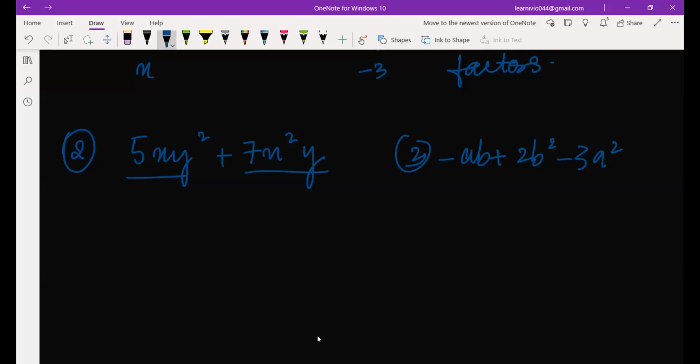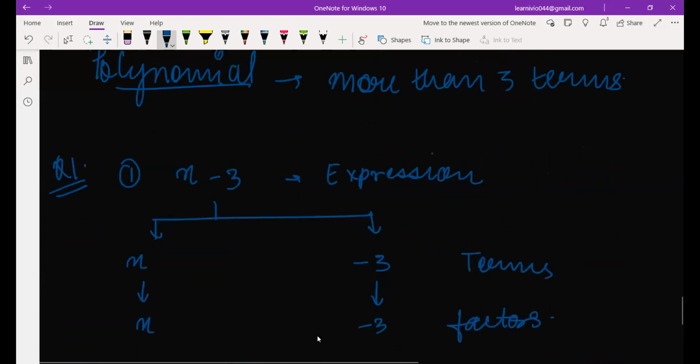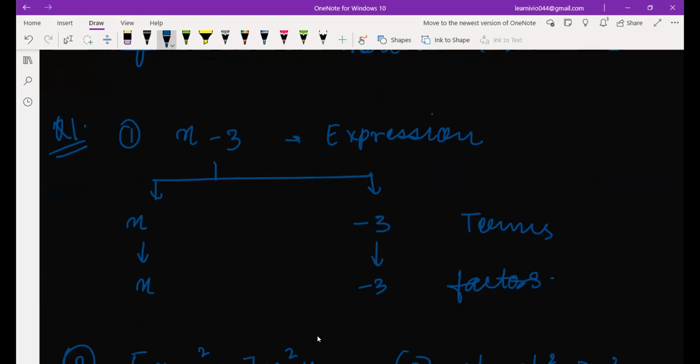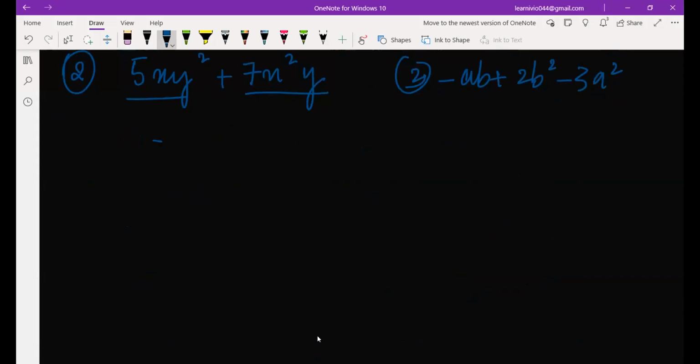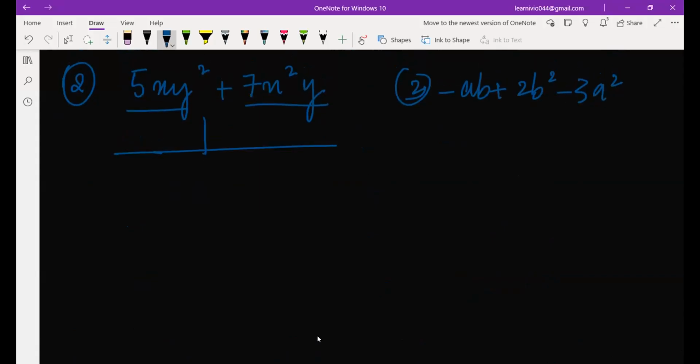What do you not understand? Explain your question, Razan. Like how to do it? Okay, do you understand this type of diagram? Yes, ma'am. You just have to copy like this. See, first you write the terms here: term number 1, term number 2.